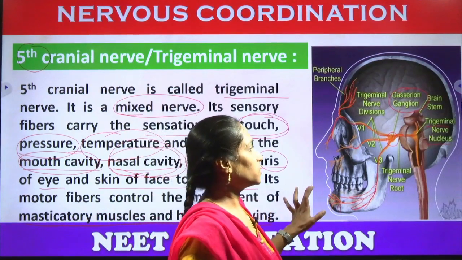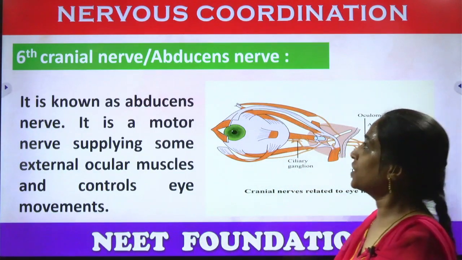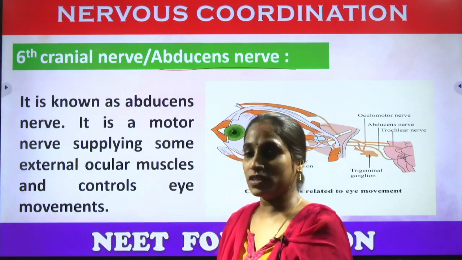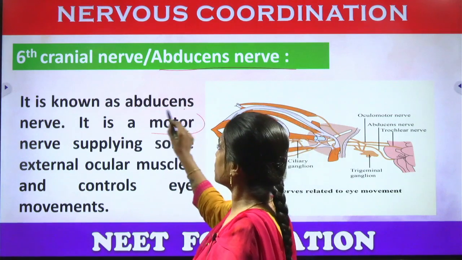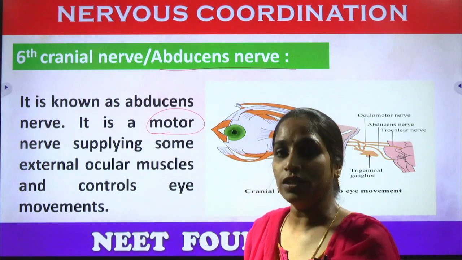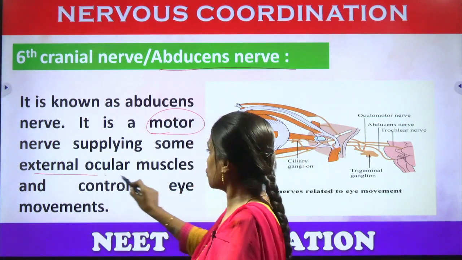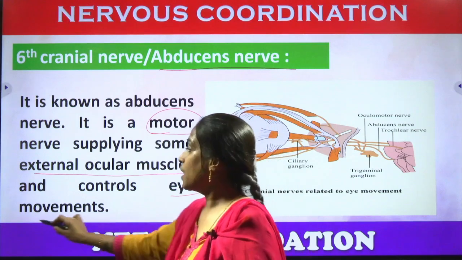Okay, next, what is the next type of nerve? The sixth cranial nerve is the abducens nerve. It is a motor nerve, attached to the effector organs, supplying some external ocular muscles and also responsible for controlling eye movements.